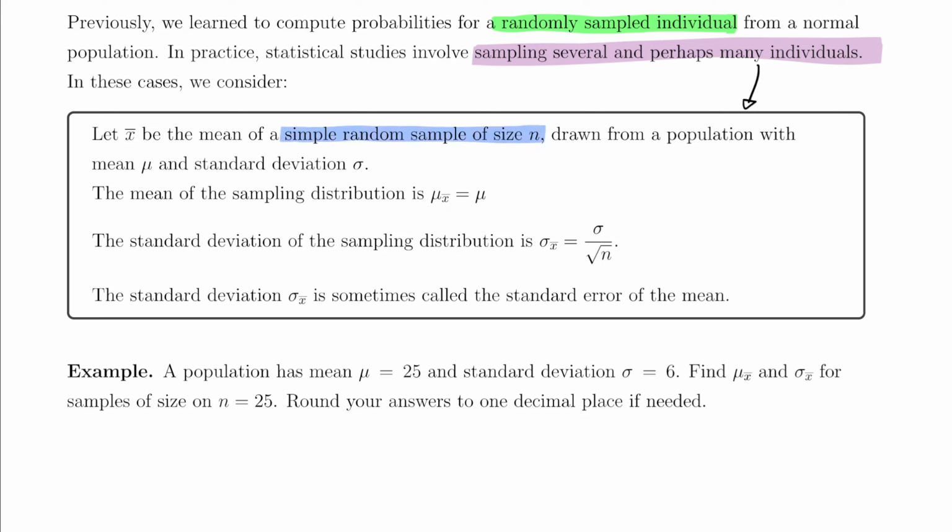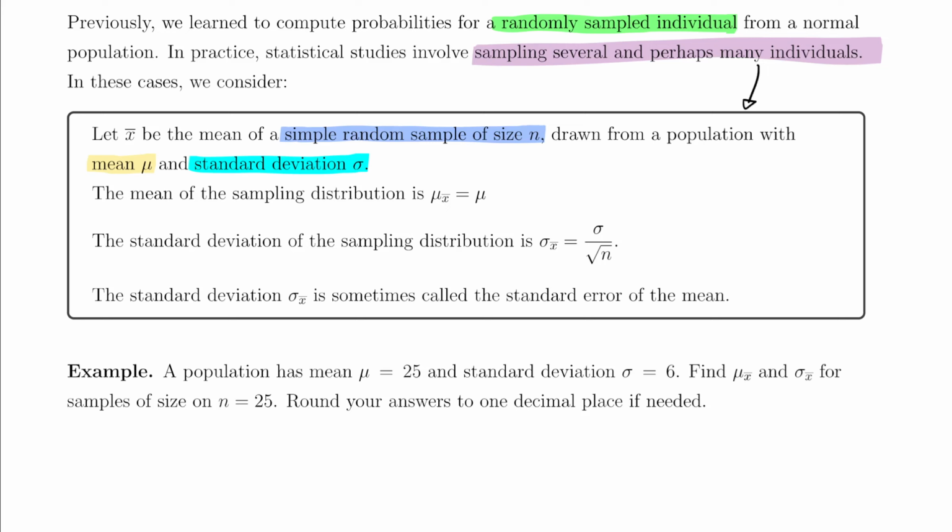And the population that we're drawing from has a mean mu and a standard deviation sigma for an individual that was sampled. Now, in order to extend this idea of the mean and the standard deviation to our sampled population, we introduce the notation mu subscript x bar and sigma subscript x bar.